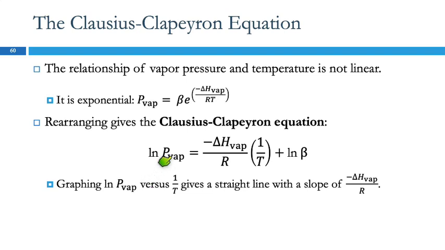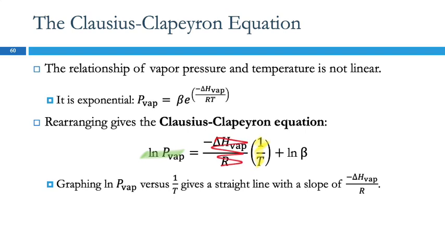Natural log of the vapor pressure is equal to negative heat of vaporization over R times 1 over the temperature in Kelvin plus the natural log of a constant. So we can graph the natural log of the vapor pressure versus 1 over T.